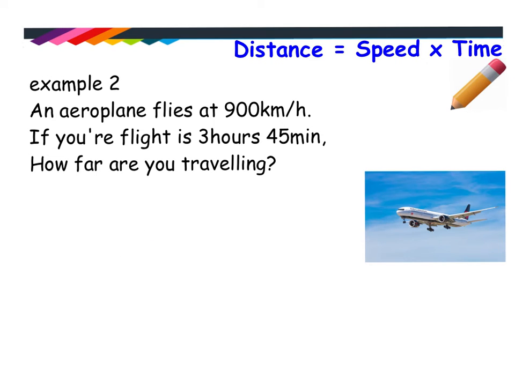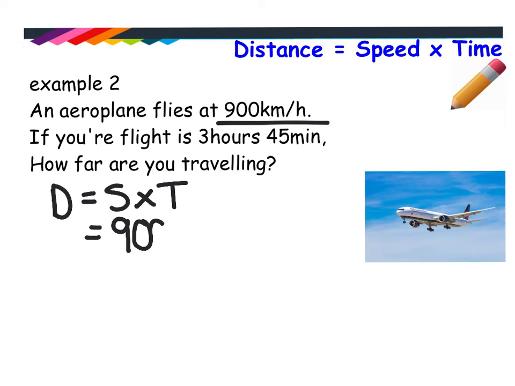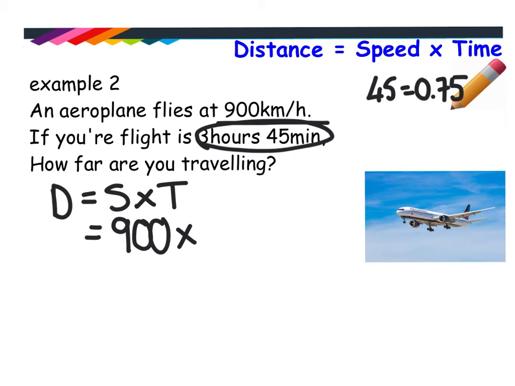My second example, we're talking about an aeroplane this time that's going at 900 kilometres per hour. And we're going to fly for 3 hours 45. How far are you travelling? So we're looking for the distance of this flight. So distance equals speed times time. Our speed is 900 kilometres per hour. Our time is 3 hours 45. Now remember what I said already, 45 can be written as 0.75 because that is 3/4.